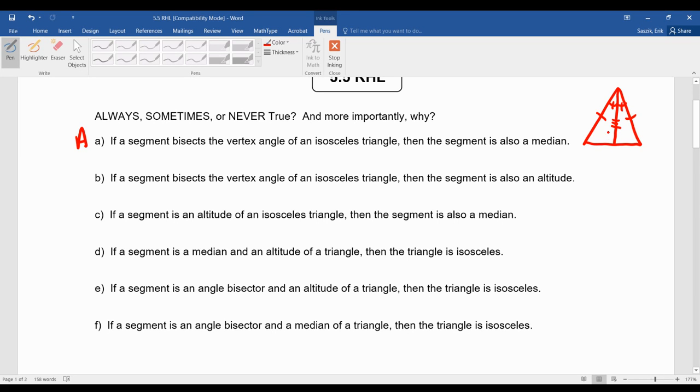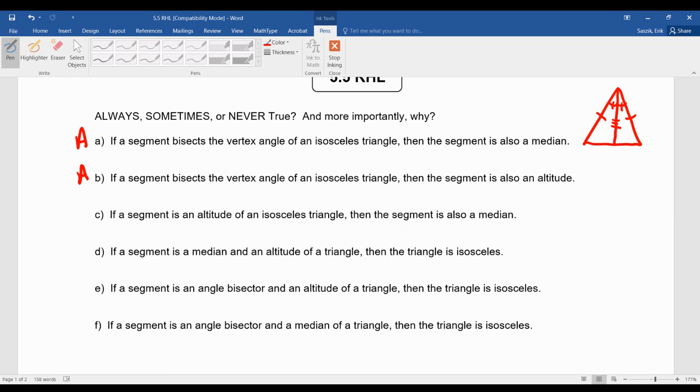If these two triangles are congruent, that means these two angles are congruent, right? But we also know that these two angles are supplementary. Well, if angles are congruent and supplementary, don't they have to be right angles? Yeah, they do, don't they? So that thing would be an altitude, always.